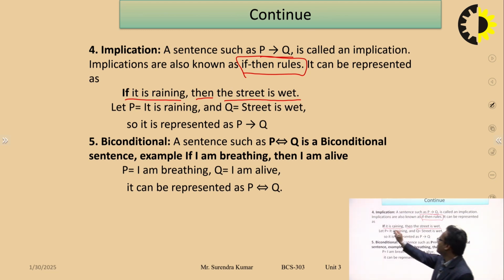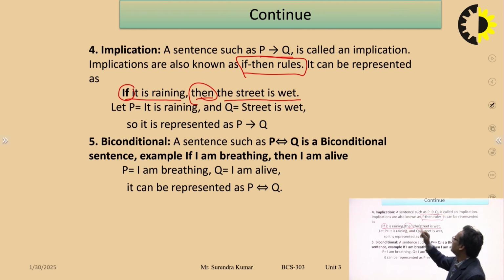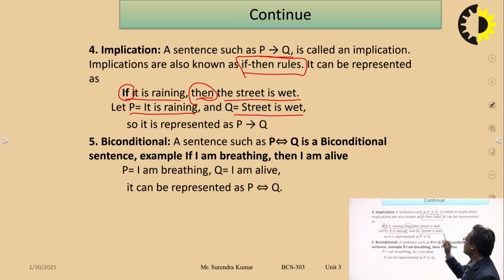Such a compound proposition will be converted with the help of this implication symbol. Again, we break it up into atomic statements: P, it is raining; Q, street is wet; and you can write it as P implies Q. This means if it is raining, then the street is wet.